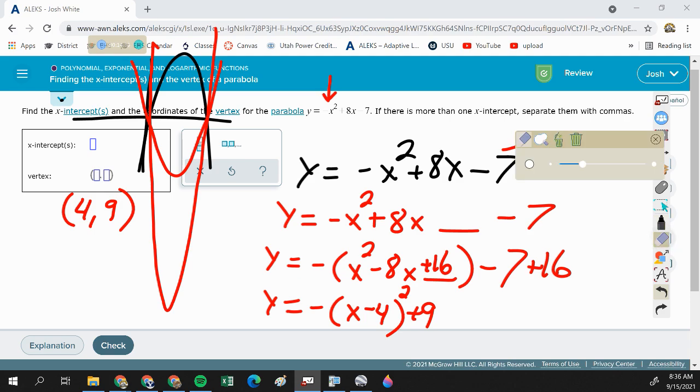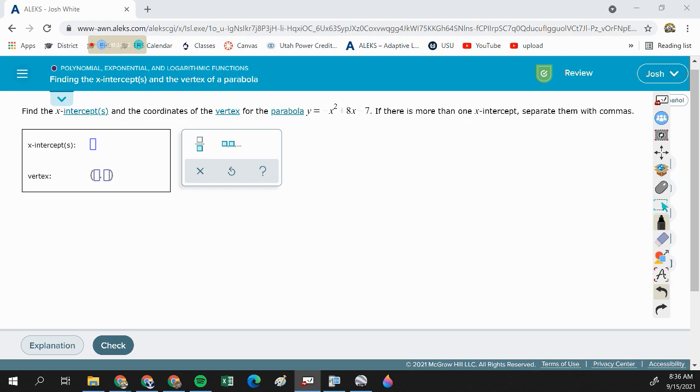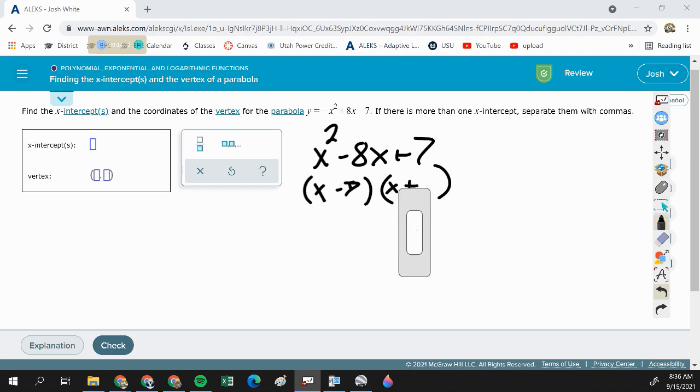So if I multiply by -1, I get x squared minus 8x plus 7. That factors into x minus 7 and x minus 1. So x is 7 and 1. Those are the x-intercepts.